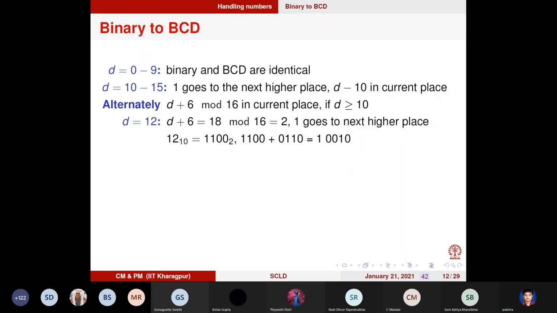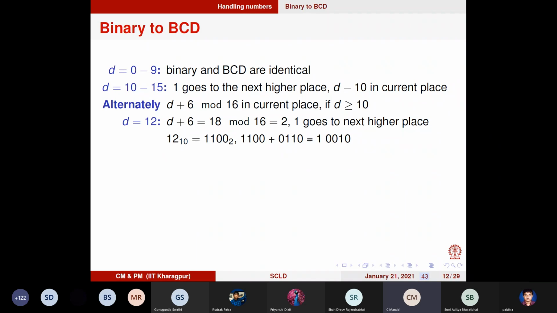Like here, D plus 6 mod 16, we are essentially doing D mod 10, but we are doing this because it is easier to do. Right? See, when you add 6, what you are left with mod 16 is the lower digit, which is in this case 2 of 12.